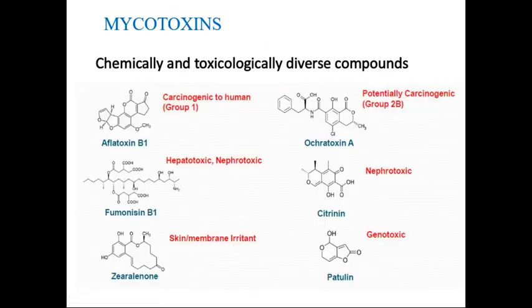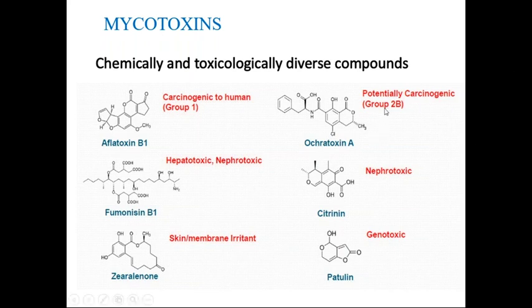So the mycotoxins are chemically diverse and they're toxicologically diverse also. Among the aflatoxins, aflatoxin B1 is the most toxic, and it has been grouped under group 1 carcinogen.